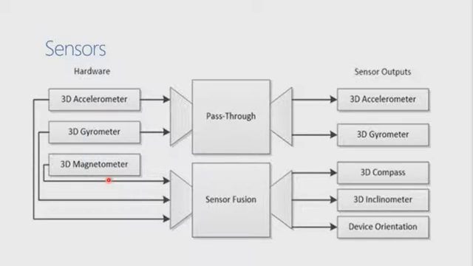And the 3D compass is not just based on the magnetometer, it's actually based on the collaboration between the magnetometer and the gyrometer and the accelerometer. But you don't have to do that math. All you have to do is access the compass, and whether your device is laying flat or at an angle, which you could imagine could increase the amount of math that needs to be done, it's going to be able to tell you what your heading is. So pretty exciting. Anyway, that's the way the sensors work.